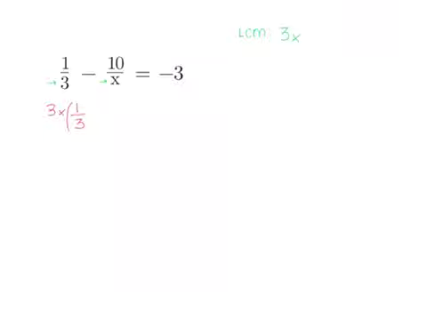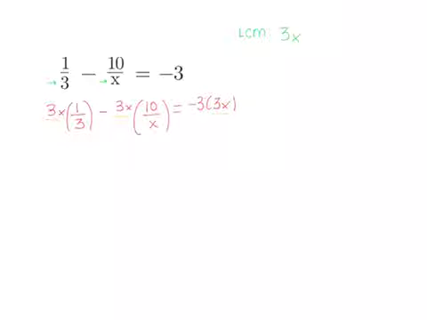We're going to multiply the 1/3 by 3x. We're going to multiply the 10 over x by 3x. And we're even going to multiply this -3 by 3x because every single term needs to be multiplied.